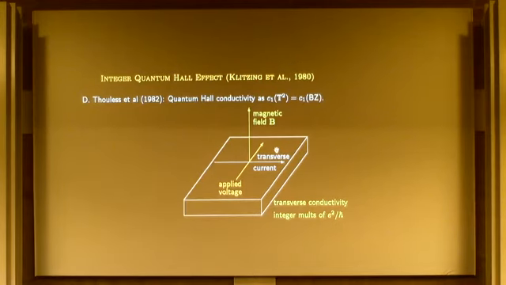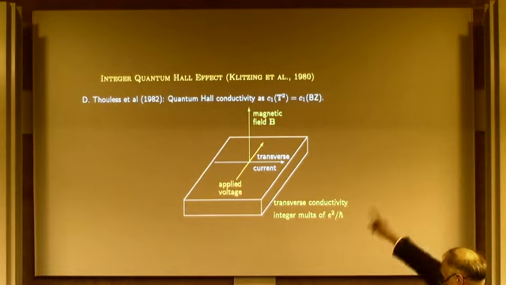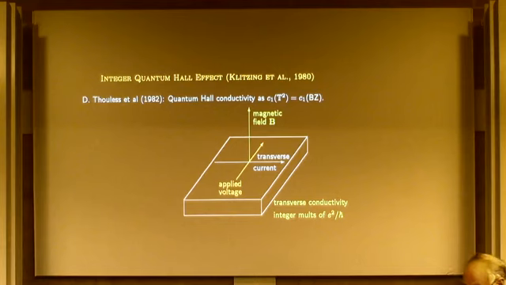Okay, I mentioned the integer quantum Hall effect originally, because that provides another bit of motivation. It was discovered experimentally first that if you have a magnetic field perpendicular to a plane sample at low enough temperatures, and you apply a voltage in the direction shown, a current goes transverse to that, and the transverse conductivity, i.e. the thing linking the current and the voltage, goes in integer multiples of e squared over h cross.